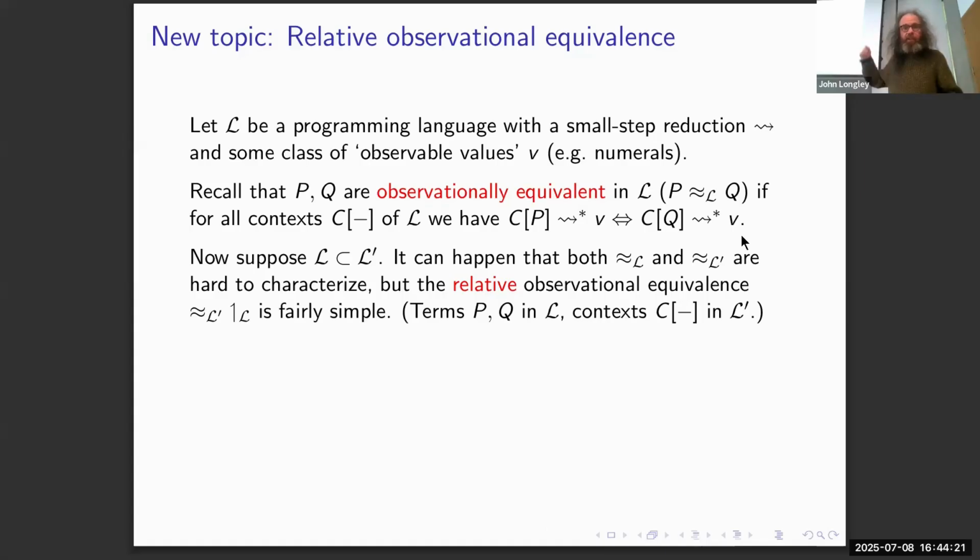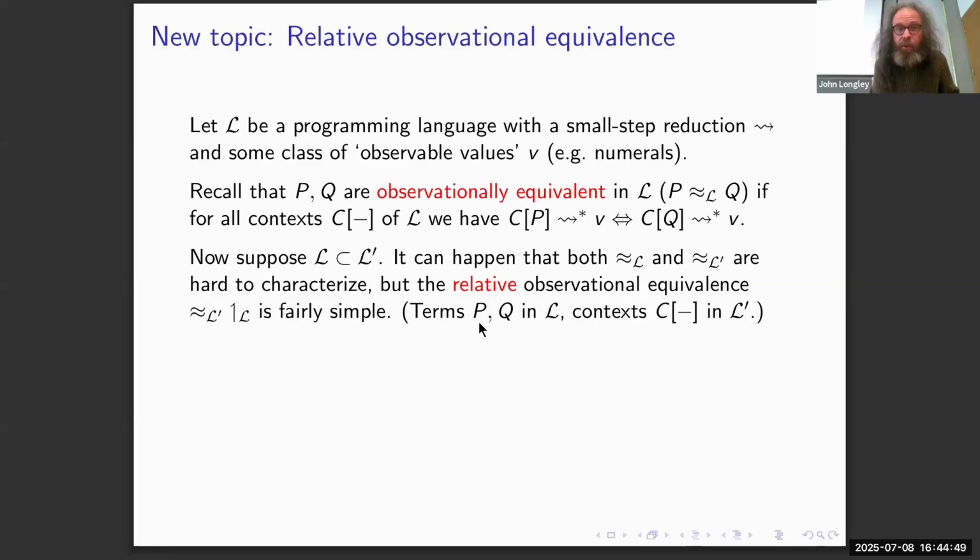Now, a lot of work in the semantics community has gone into trying to characterize observation equivalence for various languages. But what I want to point out here is that if you've got a language L that's a sub-language of a bigger language, L prime, it can happen that both the observation equivalence relations of L and L prime are hard to characterize, but the relative observation equivalence is fairly simple.